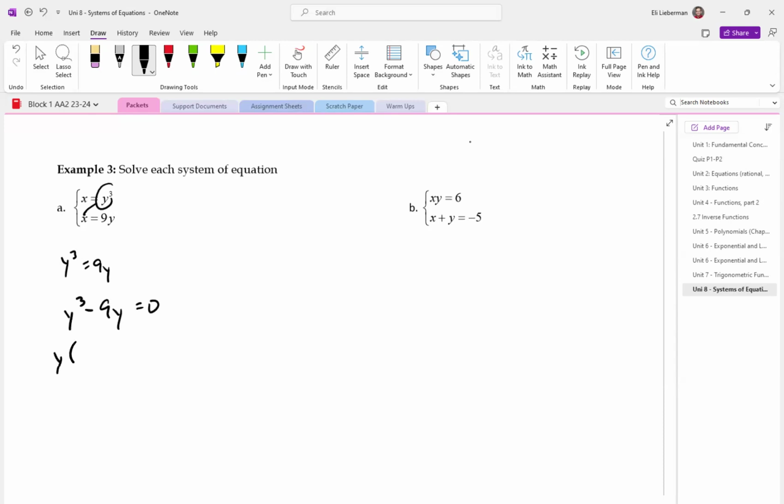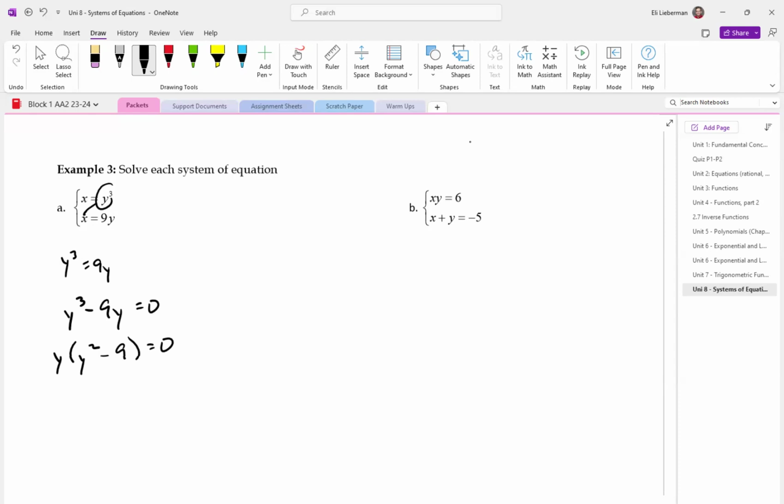Right, that leaves us with y times y squared minus 9. You see everyone's erasing their work now. I don't blame you one bit, that was a curveball for sure.